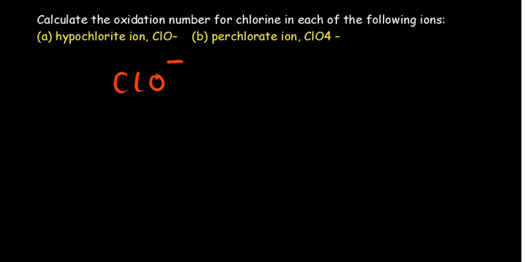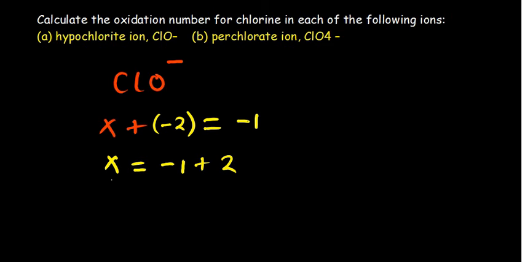So in this case, we don't know the oxidation state of chlorine, so put X plus the oxidation state of oxygen, which is known to be -2, equal to the net charge of the compound, which is -1. So X is equal to -1. The -2 goes the other side, it will be +2. So ultimately it becomes +1. Not necessarily the charge, the oxidation number, sorry, the oxidation state.